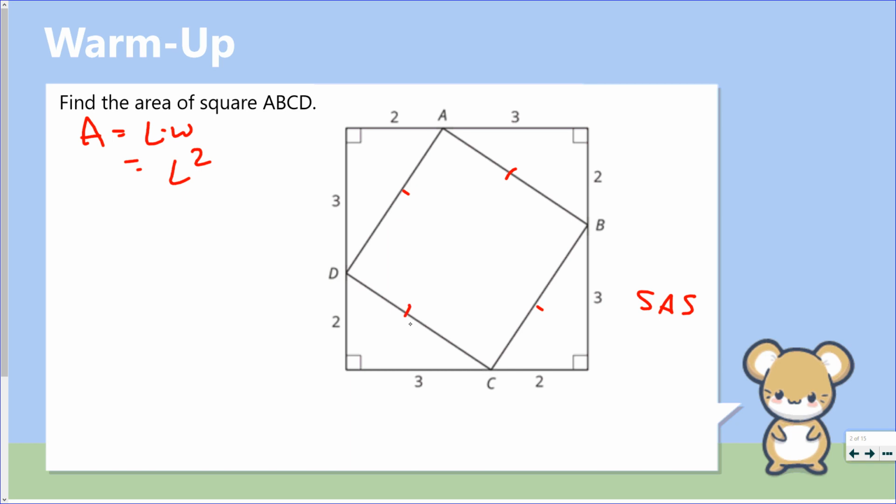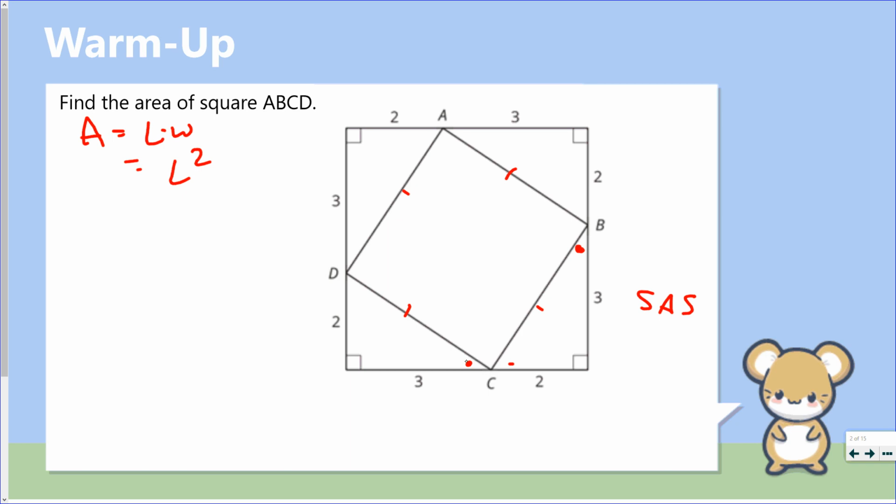How would we prove that these are right angles? Well, you can prove it by realizing that this is a right triangle, so these two angles have to add up to 90. But this angle is equivalent to this angle over here, so I'm going to mark those like that.